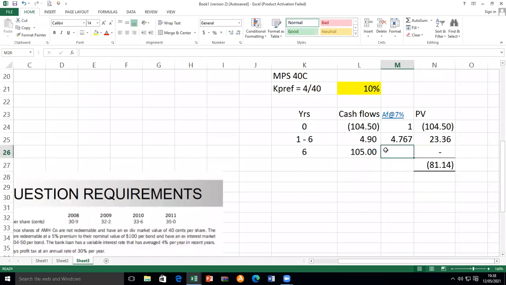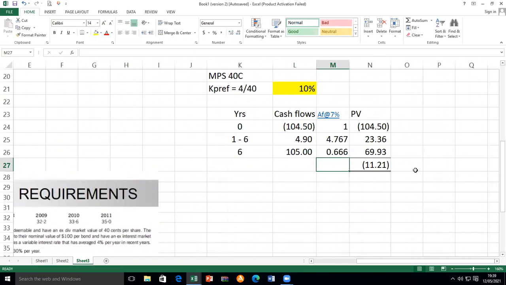And this one which is alone, 0.6666. Okay, so at 7% we're at 11. So let's drop that, we are looking for a positive figure. We drop it to what level? We can drop it to 4%.